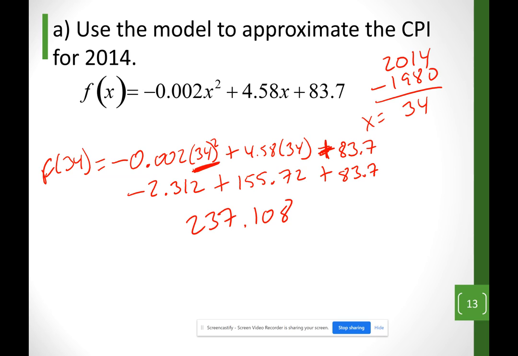So we're going to abbreviate this to 237. The number after the decimal place is 4 or less, so I ignore it. If it was 5 or more, I would have called this 238.